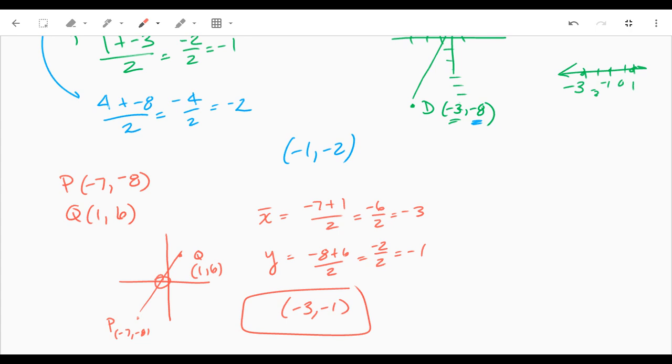Okay. The next one, we have finding x and y intercepts of the graph of a nonlinear equation.